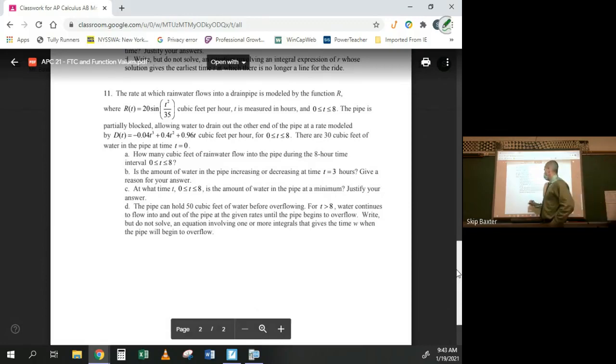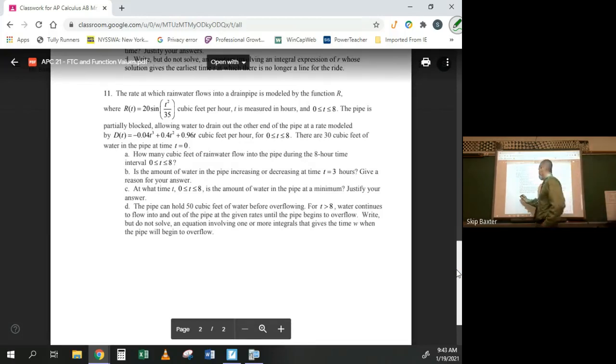So remember, the definite integral of a rate is really the total change in that quantity. So if I'm trying to find the amount of rainwater that flowed in, I just need to take the definite integral of the rate at which the water flows in over that time interval. Does that make sense?